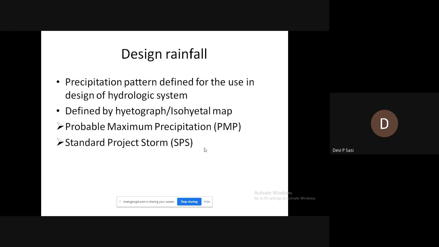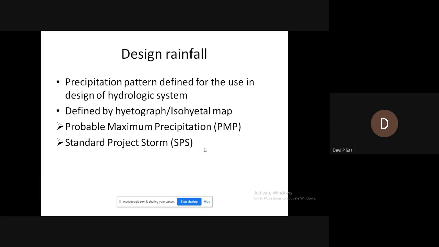First, we can know what probable maximum precipitation is. The choice of design rainfall can be either PMP or SPS, so we should know what PMP is and what SPS is. PMP is the probable maximum precipitation.